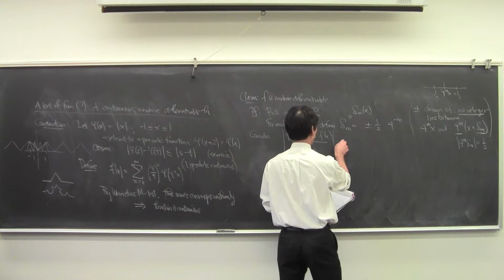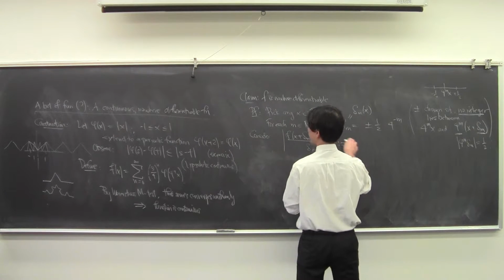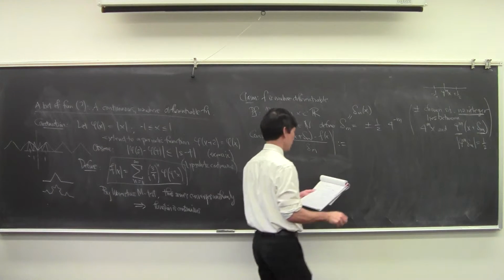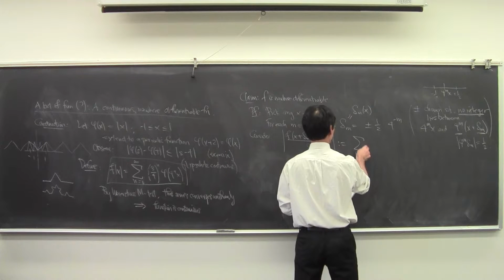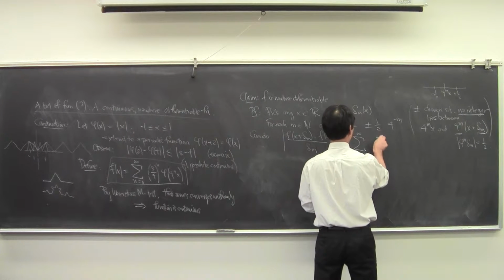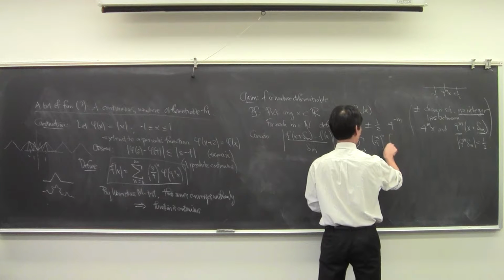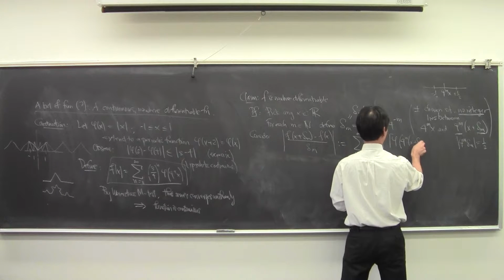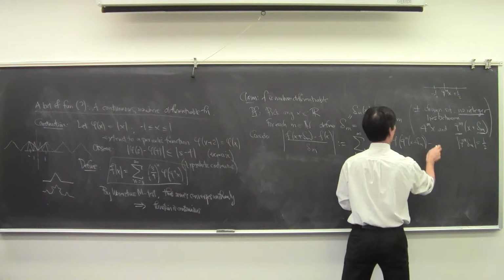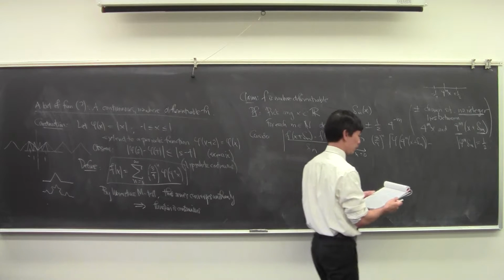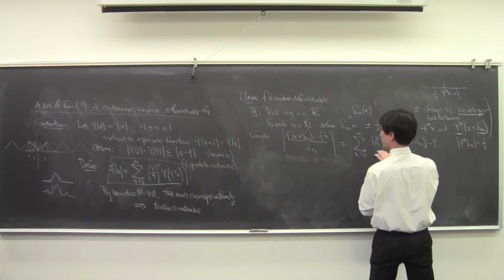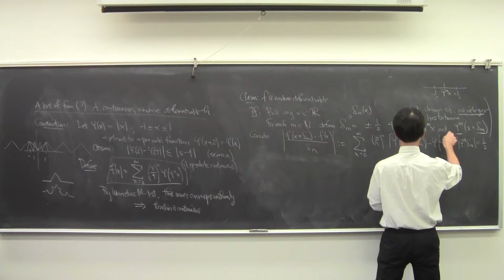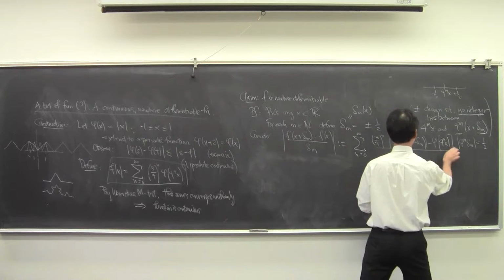So by definition, this thing is, using this thing here, just going to be the sum from n equals 0 to infinity of (3/4)^n times phi of (4^n x plus delta m) minus phi of (4^n x), right? And then everything divided by delta m.